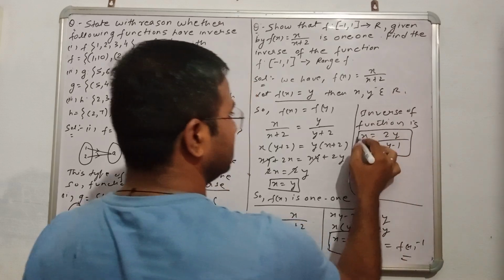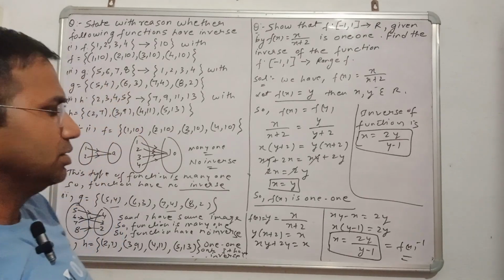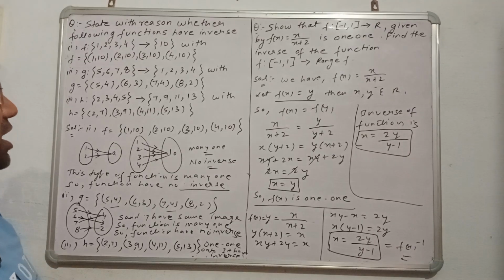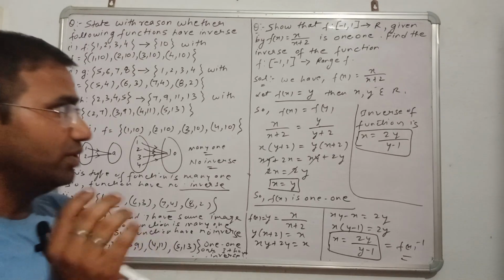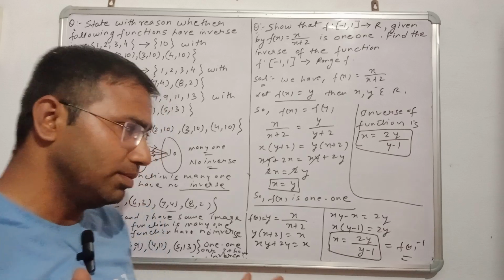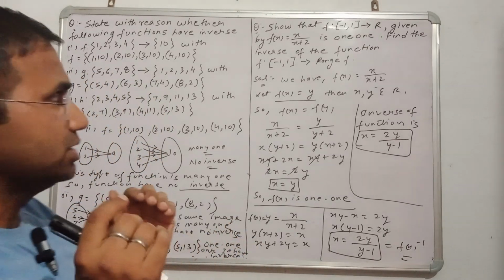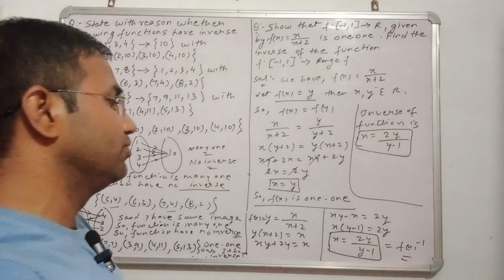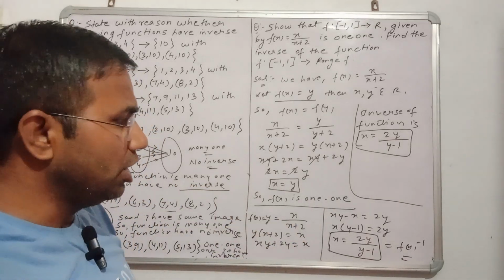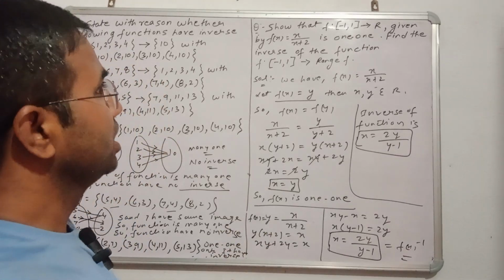In this way you will write the inverse of a function. So I hope you have understood how you will tell whether a particular function has an inverse or not. If the function is many-one, then there will be no inverse. If it is one-one, then there will be an inverse. If there is an inverse, then how will you find it? In the last video also I had told you how.